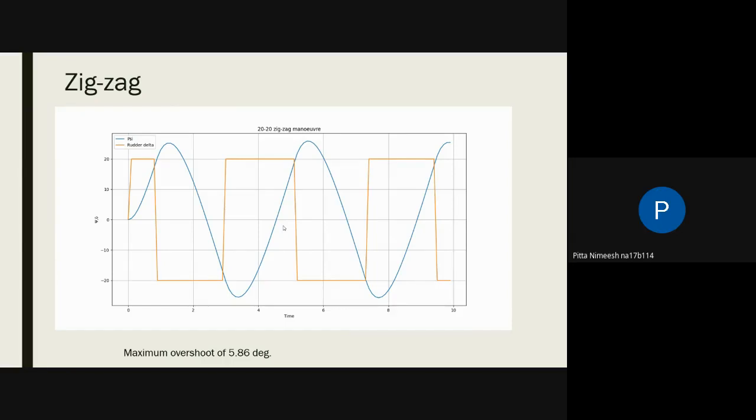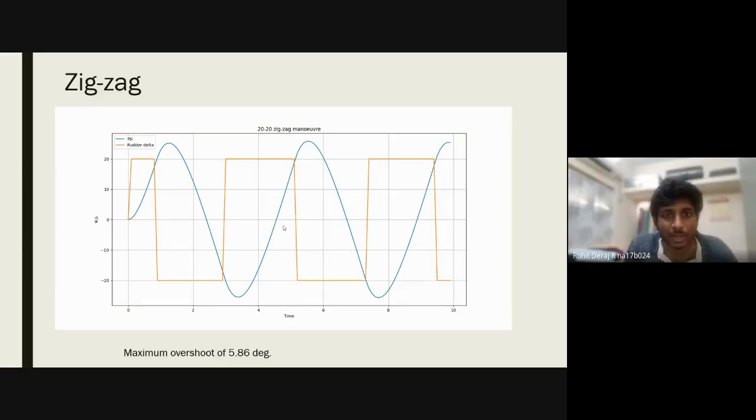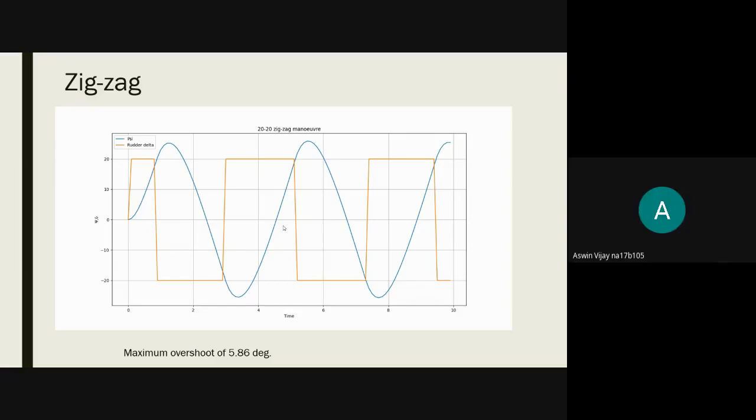So I think you can see that in the second peak. Rohit, what kind of solver did you use? Solve IVP in Python. That IVP solver. Yes. I think that IVP solver uses the Runge-Kutta method. The IVP solver has an inbuilt mechanism that automatically adjusts the step size so you get precise solutions.